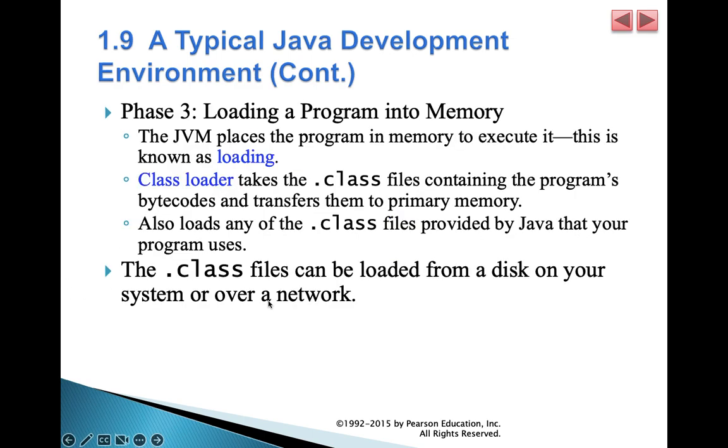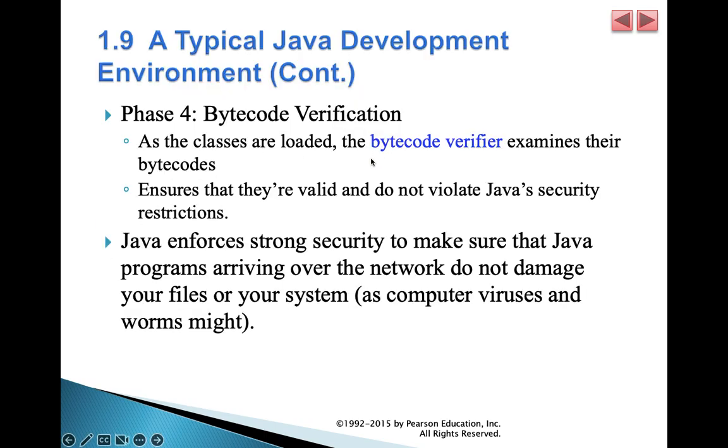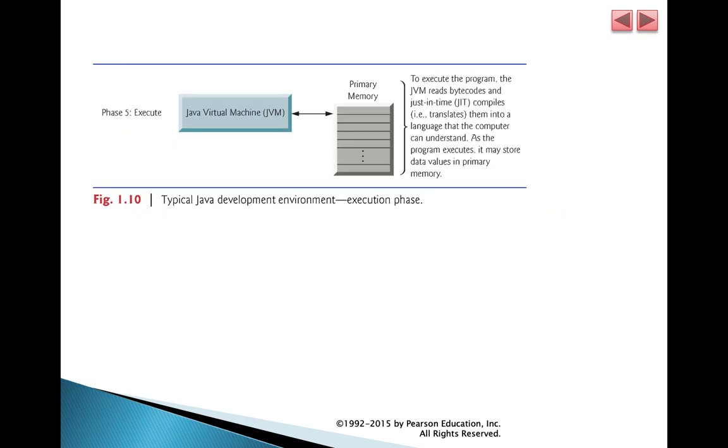The Java virtual machine will run it, and then load the class into memory, and the computer will execute this code. It uses just-in-time compilation, and then the program will run.